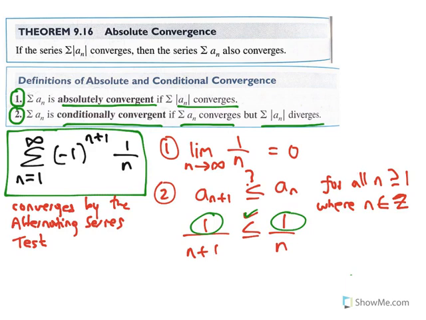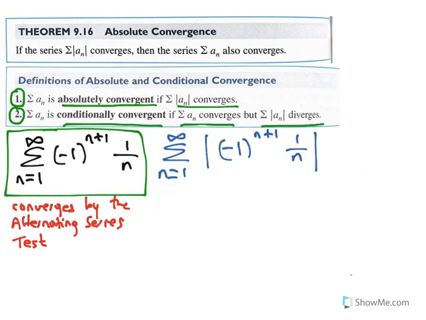So now let's look at the corresponding absolute value series for this alternating series. So here we have the corresponding absolute value series for our alternating series. And notice that n starts at 1 and n is an integer. So 1 over n will be positive for any n starting at n is equal to 1.